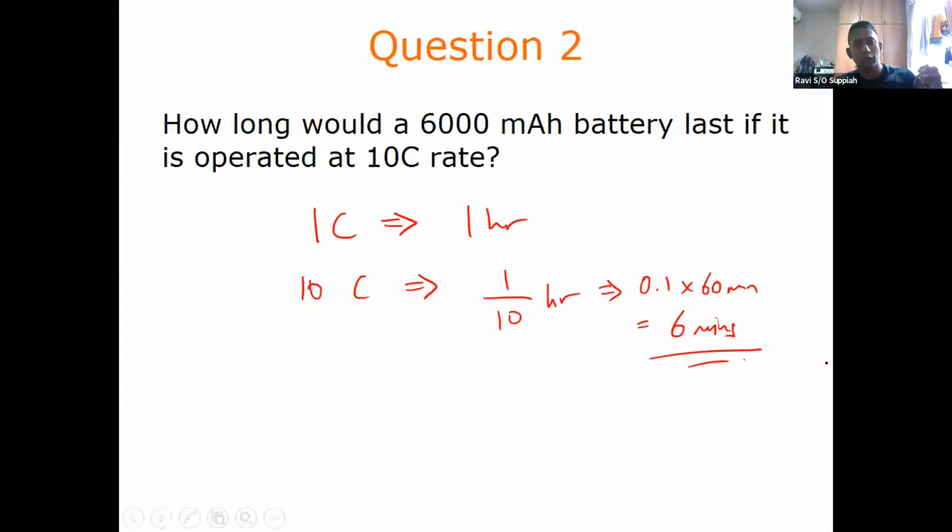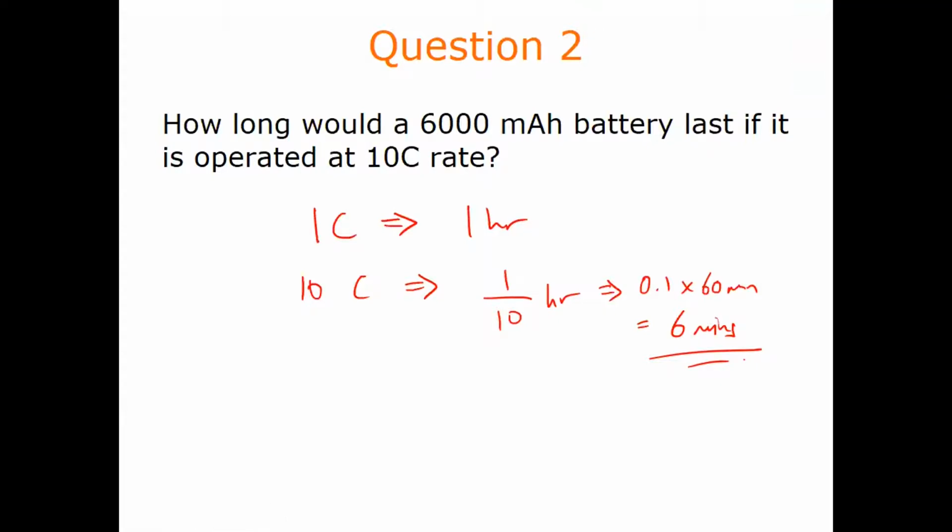So the battery can only last for 6 minutes if I operate it at 10 C rate. It's intuitive, correct? The higher the C rate, the higher the rate at which I'm drawing current, which means my battery is going to last for a shorter amount of time. That is basically this question's analysis.